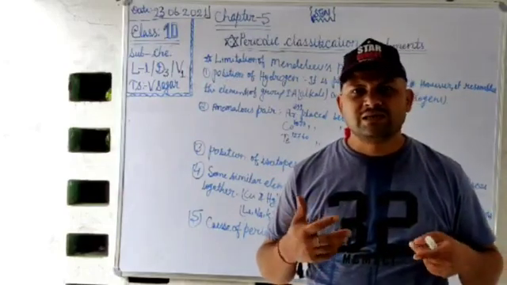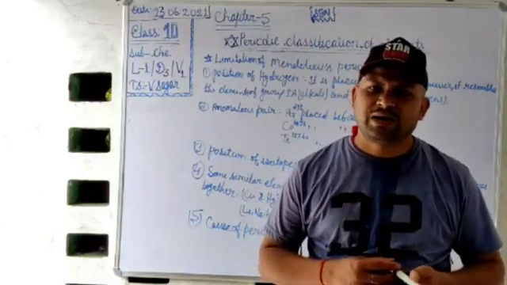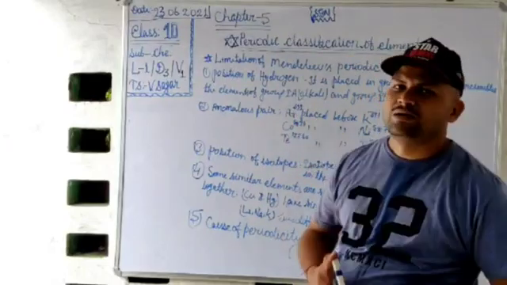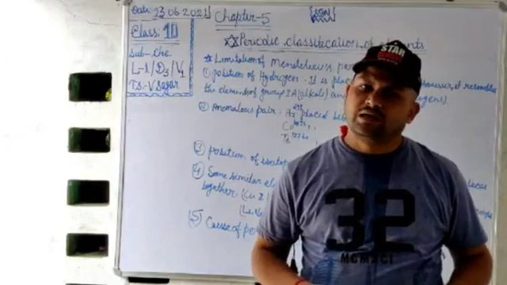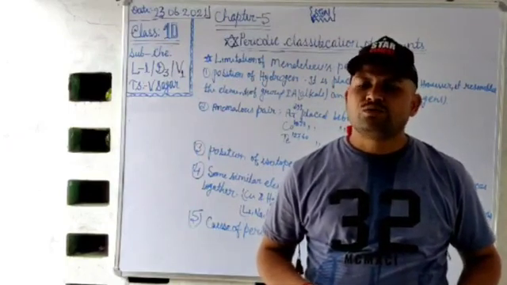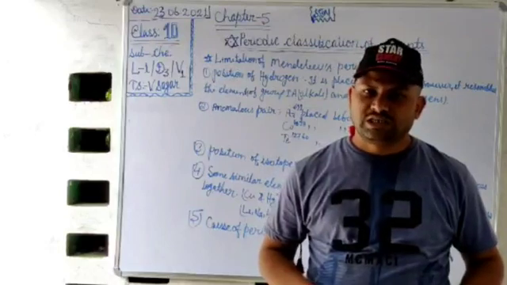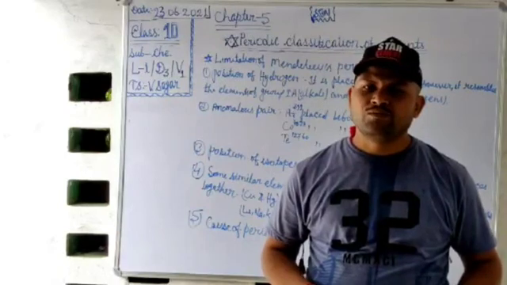At that time it was not explained by Mendeleev. So we have explained all the achievements of Mendeleev and its limitations. I hope you have understood all these things, and it will certainly be helpful for you.